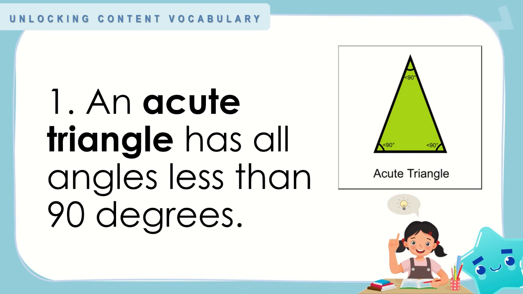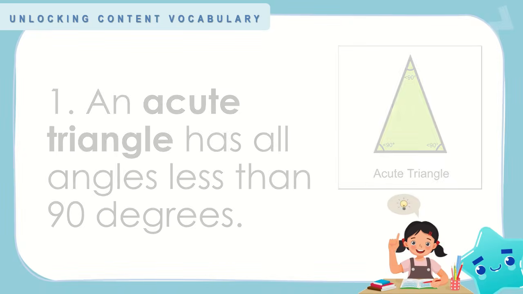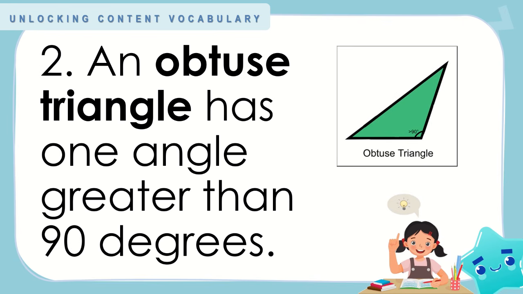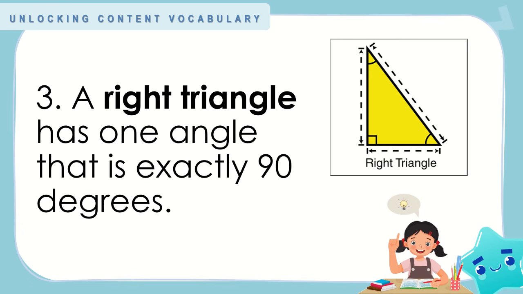An acute triangle has all angles less than 90 degrees. An obtuse triangle has one angle greater than 90 degrees. A right triangle has one angle that is exactly 90 degrees.